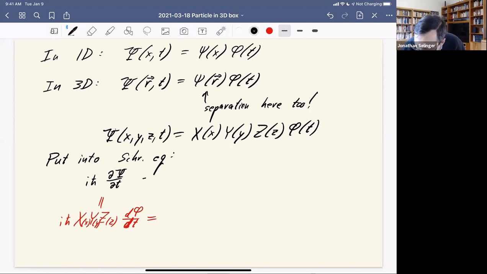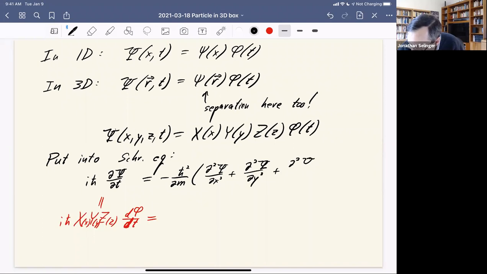On the right side of the equation, there's a minus ħ squared over 2m, and we have the second derivative of ψ with respect to x, plus the second derivative of ψ with respect to y, plus the second derivative of ψ with respect to z.